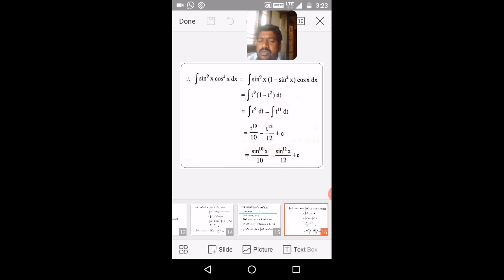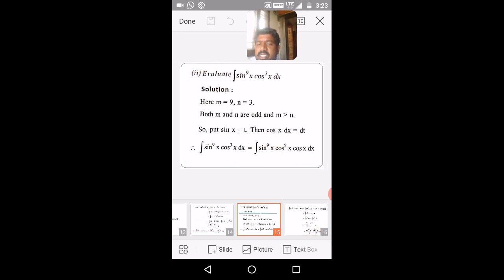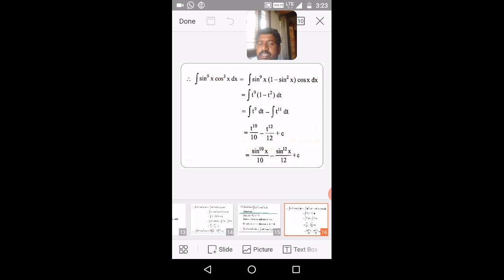Now substitute the things taken earlier, that is sin x equal to t and cos x dx equal to dt. So by substitution we get the integral of t^9 into (1 minus t^2) dt. Multiplying the bracket terms with t^9, you will get t^9 minus t^9 into t^2, which is t^11.